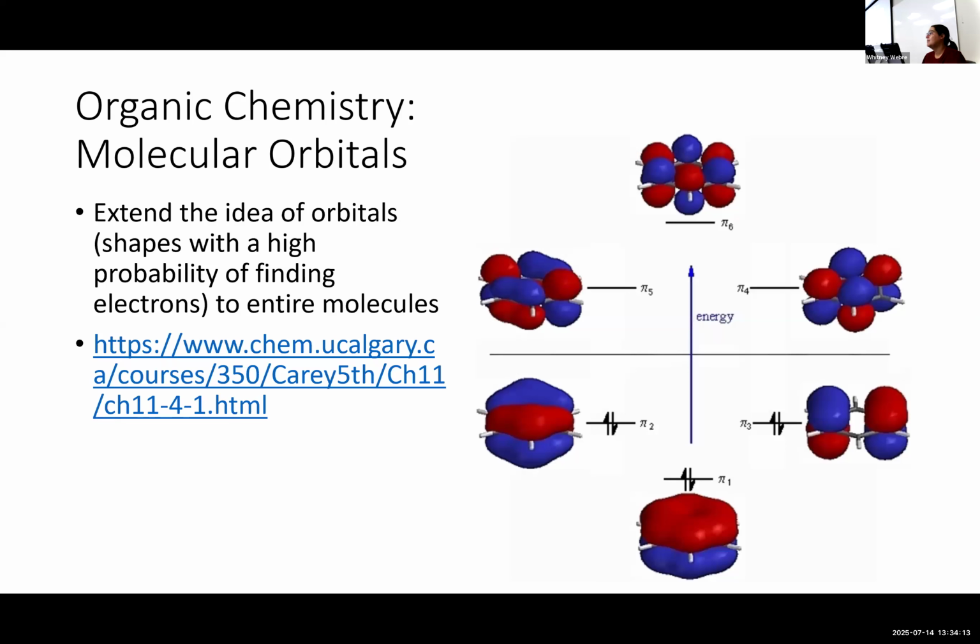As you go on in chemistry, we take our fundamentals that we're learning in this class and in general chemistry, and we apply them even further. If you happen to need to take organic chemistry, the orbitals tell you a lot. They extend the idea of orbitals, shapes with a high probability of finding electrons. I'll give you a hint: these orbitals also tell you about double and single bonds, and it moves even more past that.